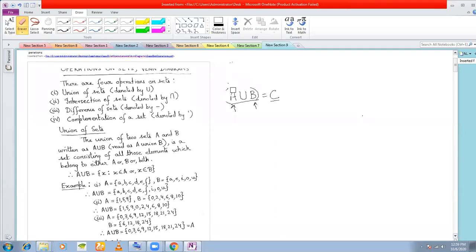Similarly, intersection operation: for two sets we write A intersection B this way, with an inverted U. Then you have your difference operation. In difference operation for two sets, difference can be either A minus B or B minus A, both.